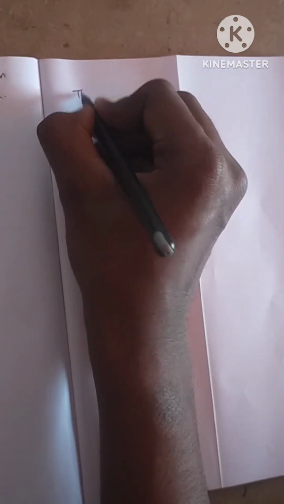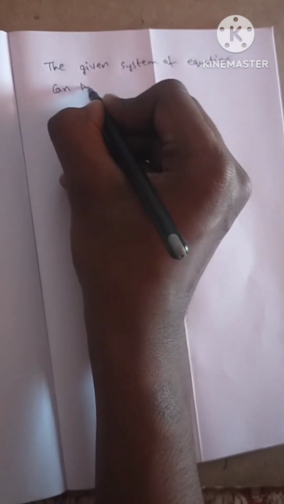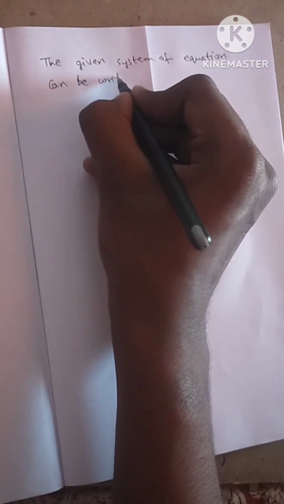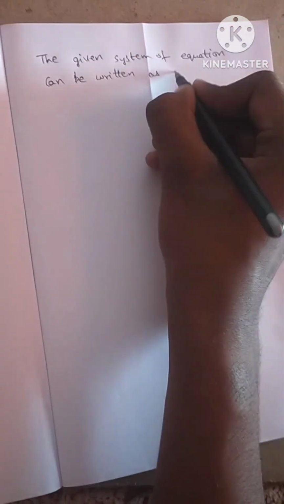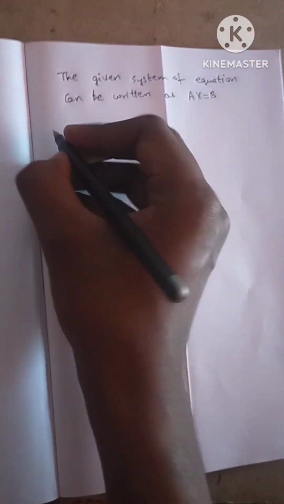Now the given system of equations can be written as Ax is equal to B. So we have to write it in the Ax equals B form. Here A is this one.